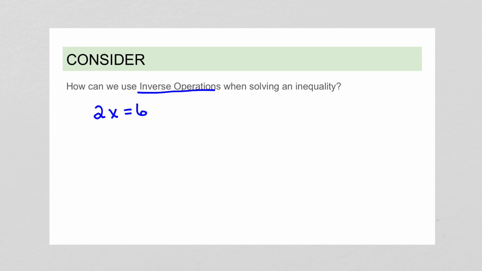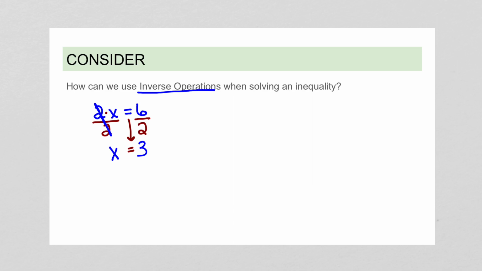Right now that 2 is attached to the x by multiplication, so I'm going to use division. I'm going to divide by 2. What I do to one side, I have to do to the other. I'm going to carry down that equal sign so that on the left side, 2x divided by 2 just turns into a 1, which gives us one single copy of x, and 6 divided by 2 gives us 3.